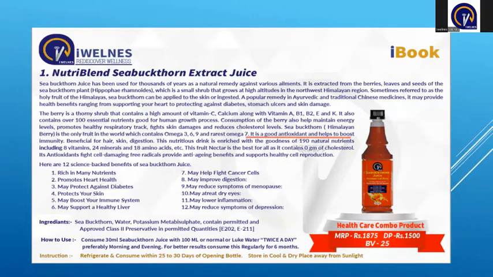Somebody said after drinking this sea buckthorn you are becoming so active. That is different. Another main factor is that it is the richest source of antioxidant, which will neutralize the free radicals. So in the long run, anyone taking sea buckthorn juice may be free from disease, as it has anti-cancer properties and anti-inflammatory properties.